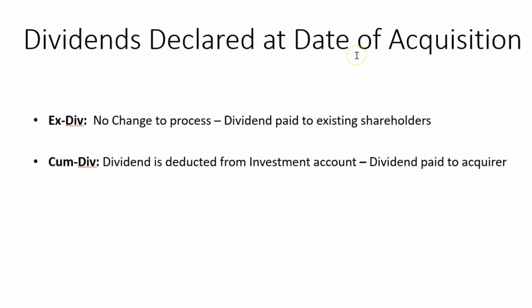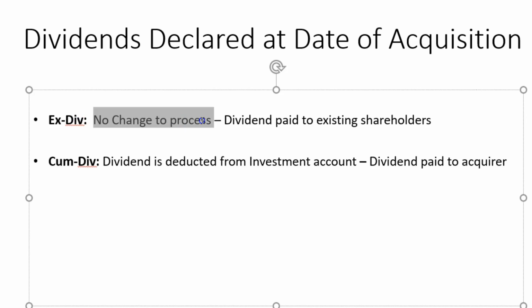So next we're going to look at dividends declared at the date of acquisition. So if the subsidiary has declared a dividend, you can either acquire the shares ex-dividend, meaning you're going to be excluded from the dividend payment. So the dividend will be paid to existing shareholders, and there is no change to the process we've just gone through above.